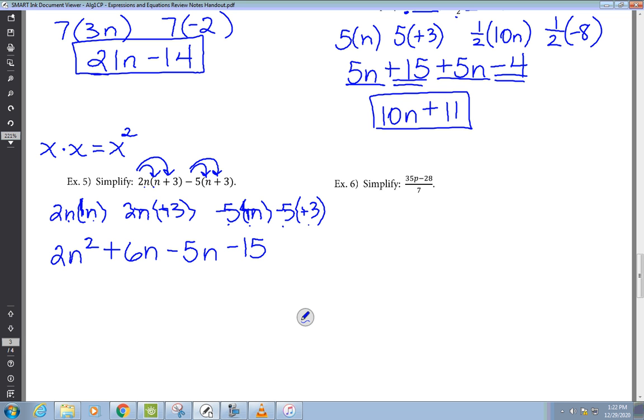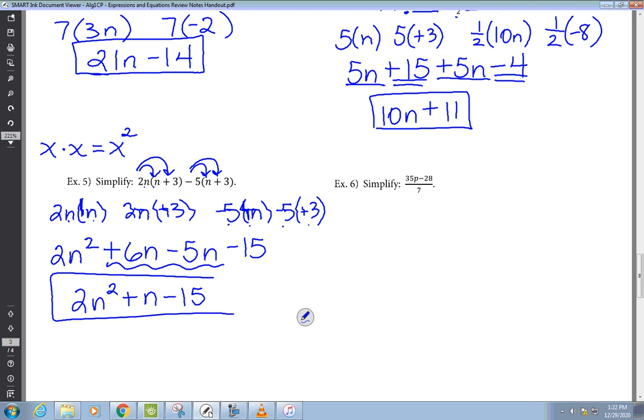Before you finish the problem, look at the problem, see if there's anything that can be combined. So 2n squared plus n minus 15. That's that. Problem's over.